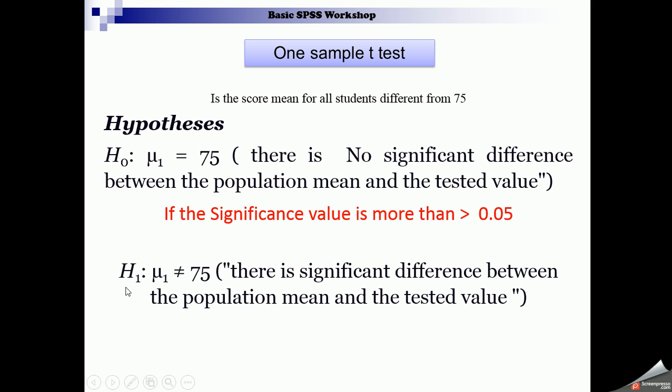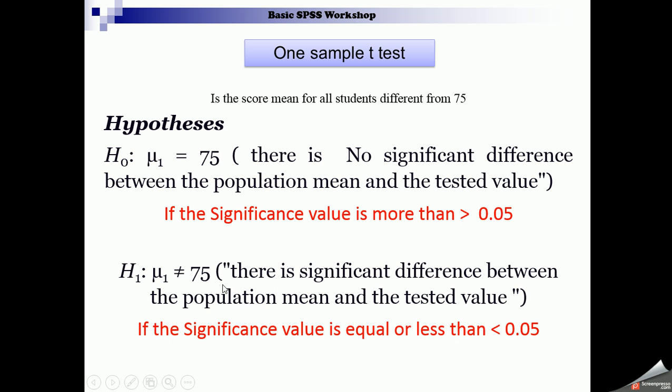The second hypothesis: there is a significant difference between the population mean and the tested value. But we are testing in two directions, so we don't know whether it is more or less, but we know that it is different from the tested value.